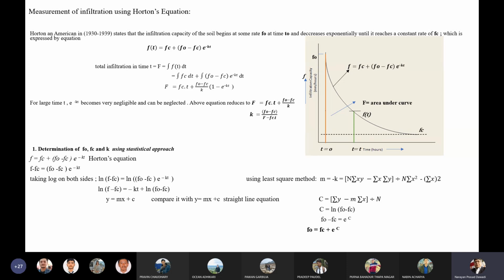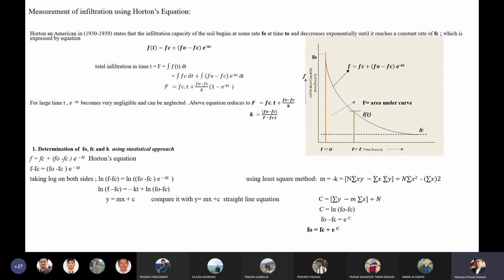T is considered for the time t, and that's why t is provided in the bracket. That t is not required. For time t, F is equal to the total infiltration depth, which will be the integration of the equation of the infiltration curve ranging from 0 to time t.